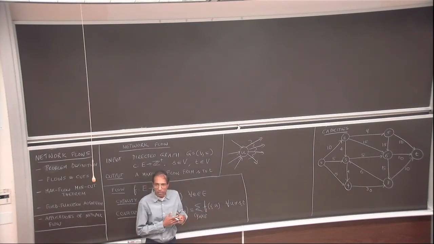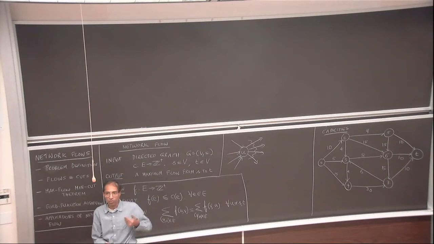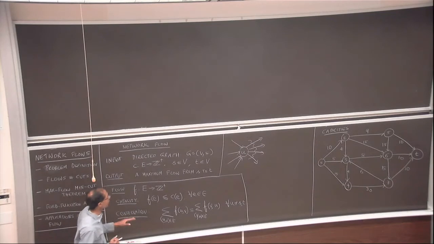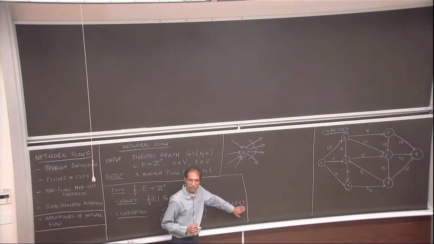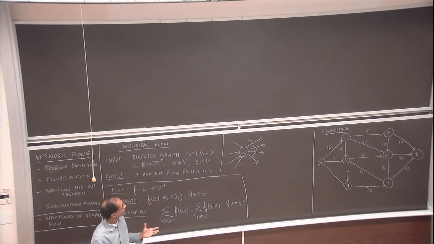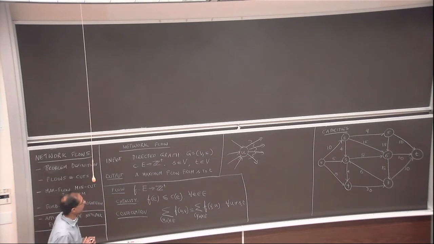The sum of the flows leaving U should be exactly equal to the sum of the flows entering U. There should be no collection of stuff anymore, or you should not be creating new stuff anymore. But this is only true for everything other than S and T. S, of course, is the source from which flow is leaving. T is the sink into which stuff is coming. Okay, good.